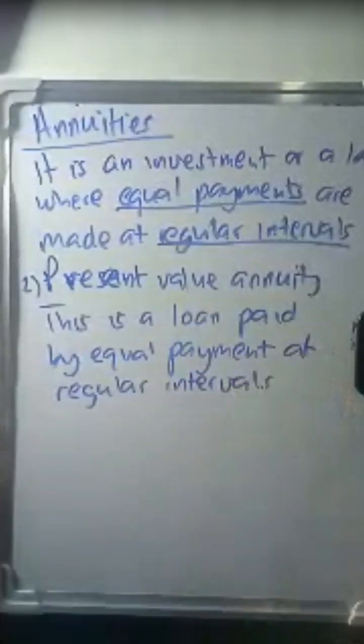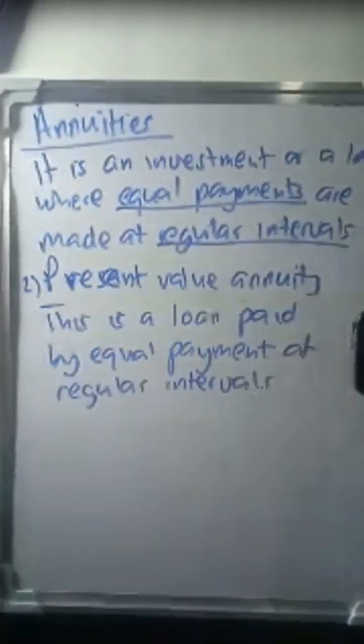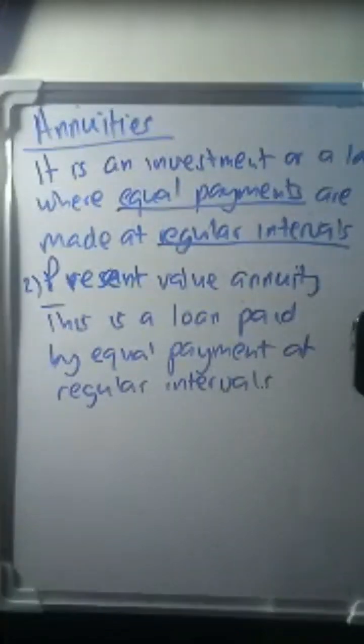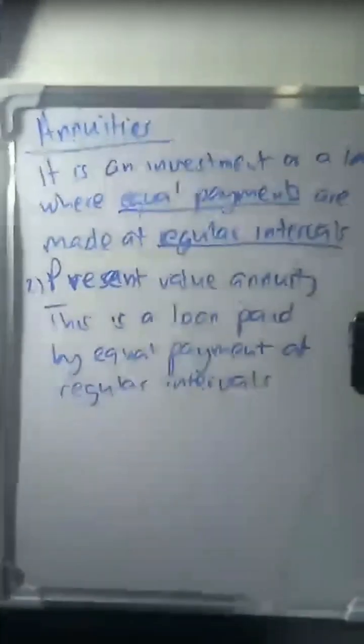This is a loan paid by equal payments at regular intervals. So the example that I gave there of buying a car, that is a loan at regular intervals. That is a present value annuity.